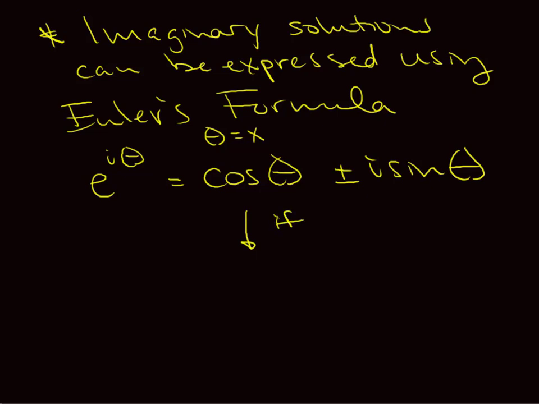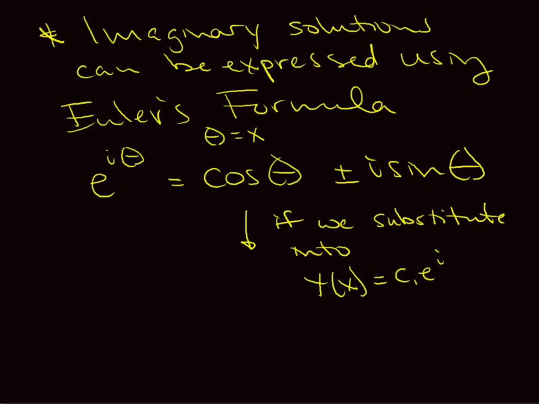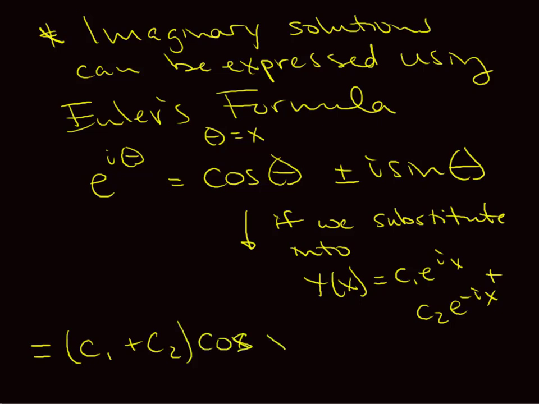And so now, if we substitute into y of x equals c1 e to the ix plus c2 e to the minus ix, we're going to get a new function, which is going to be represented by c sub 1 plus c sub 2 times cosine of x plus sine of x times i c sub 1 minus i c sub 2.